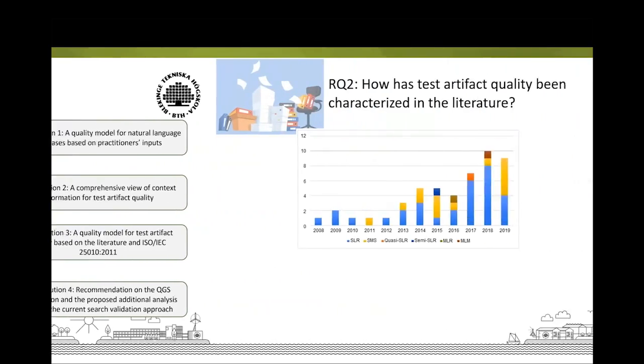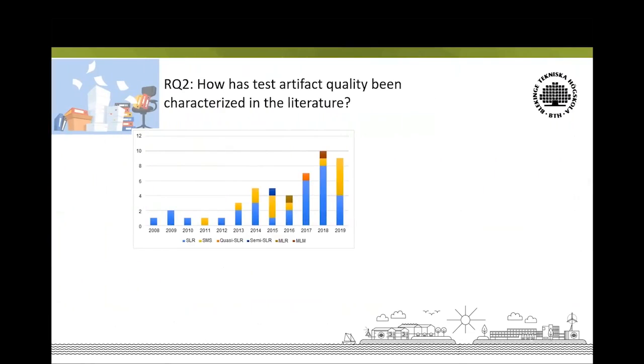And this first picture is actually to show an overview of the secondary studies that we have collected. Basically, we got 49, and as you can see, SLR is the most popular type of study that we have identified, and the number of studies actually increased over time.